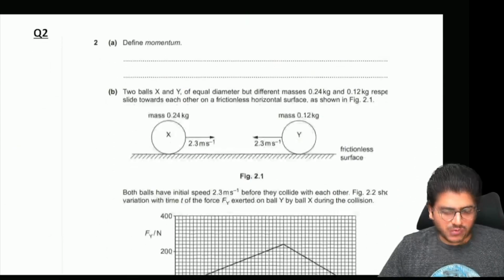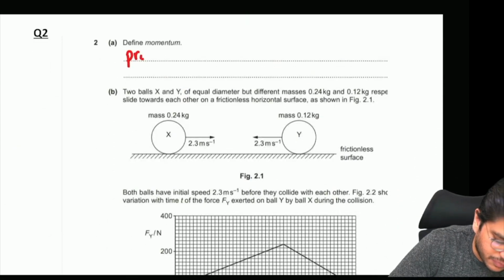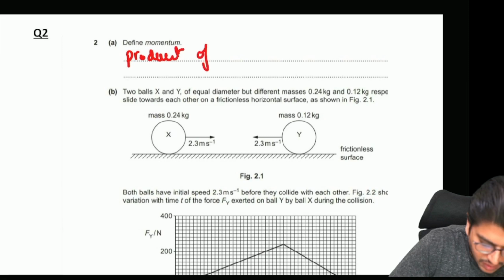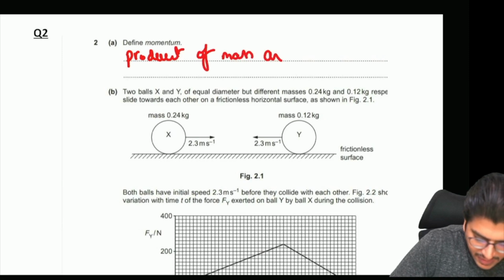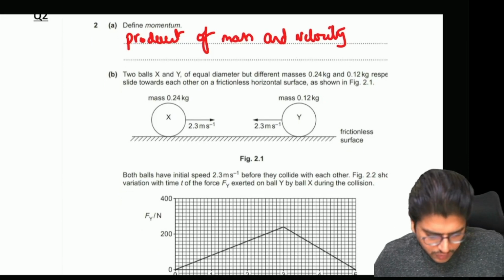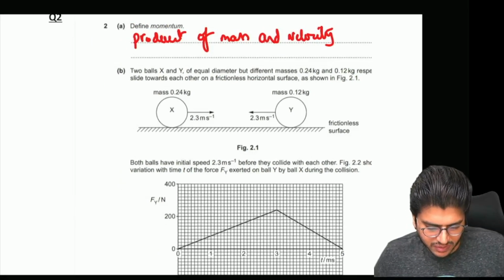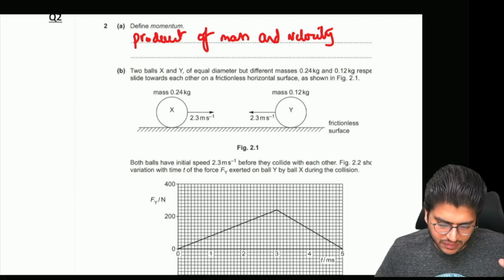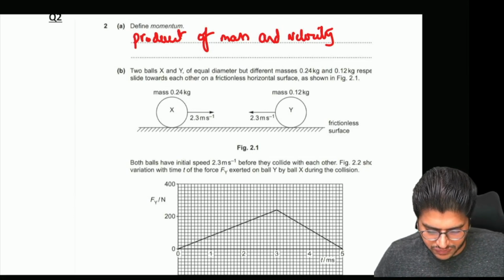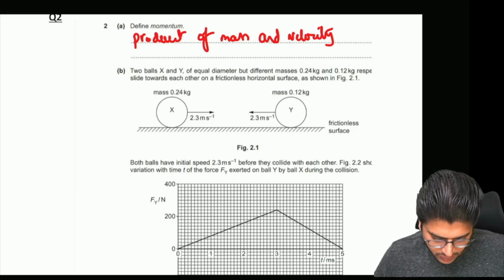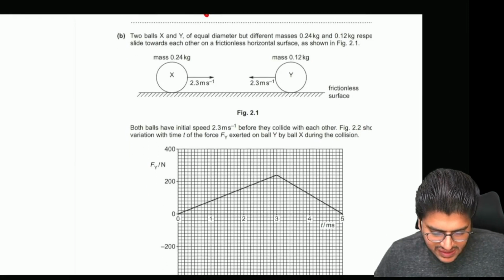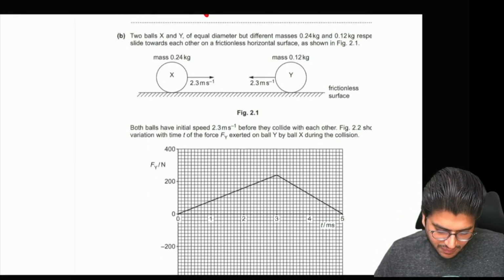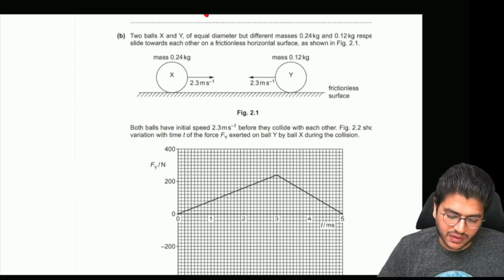Question number 2, define momentum. Momentum is defined as the product of mass and velocity. Two balls X and Y of equal diameter but different masses respectively slide towards each other on a frictionless surface as shown in figure 2.1. Both balls have the same initial speed of 2.3, but they've got different masses before they collide with each other.